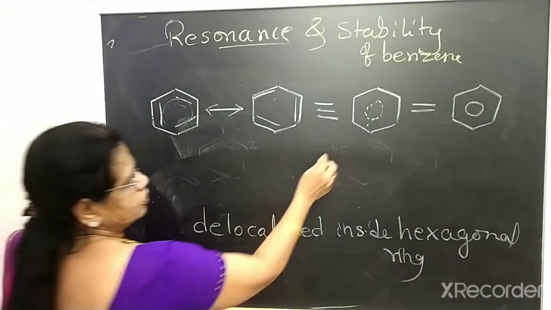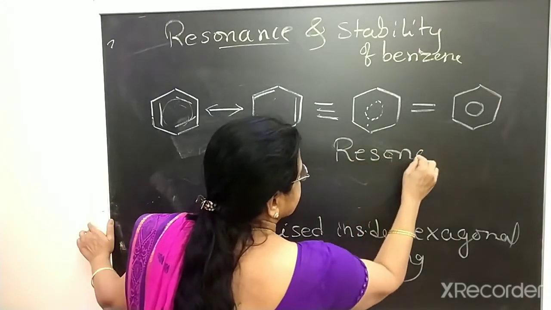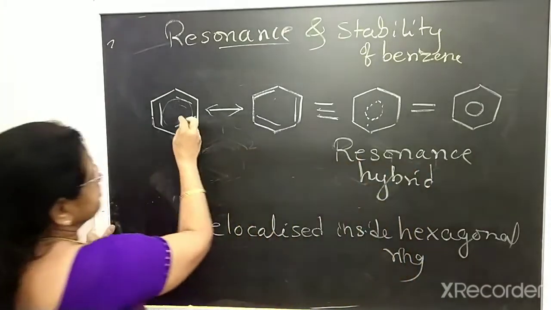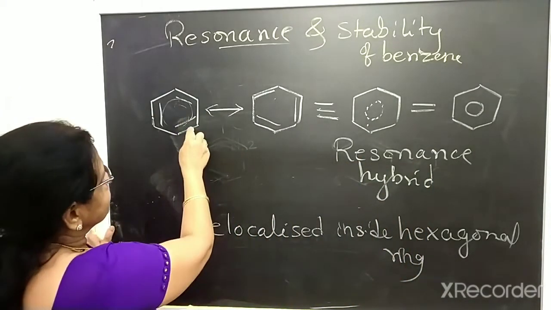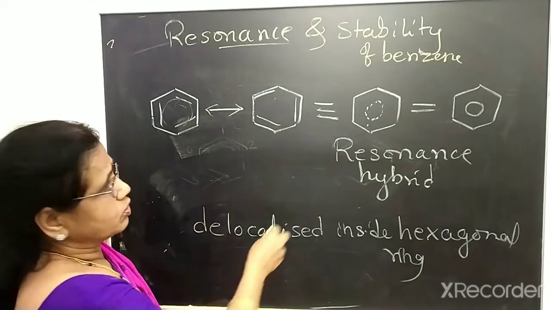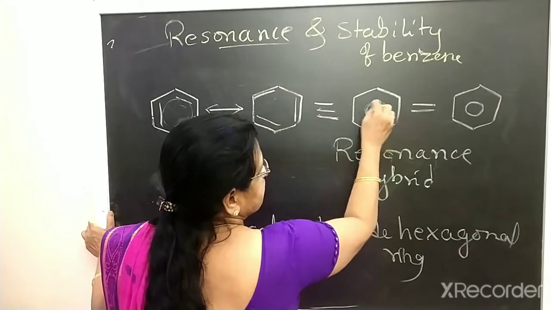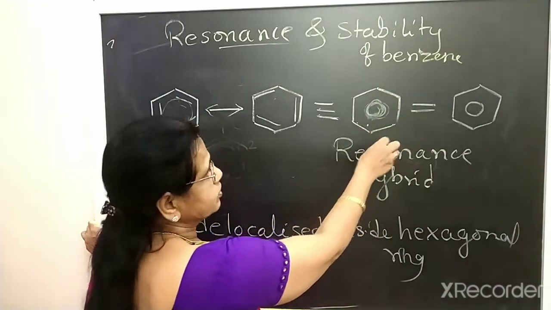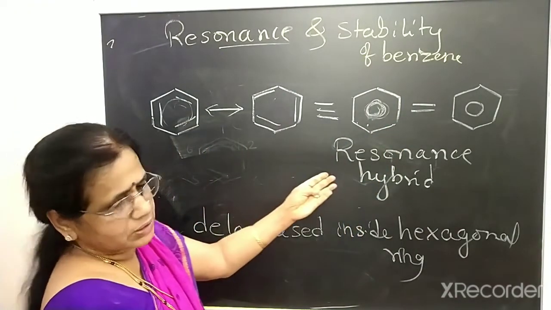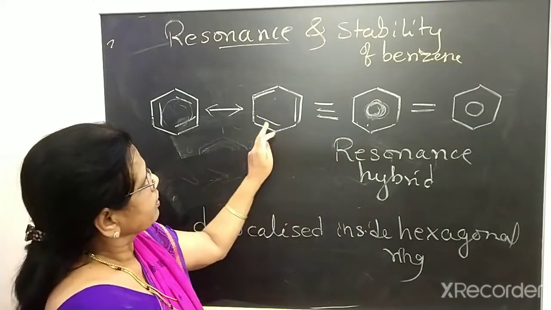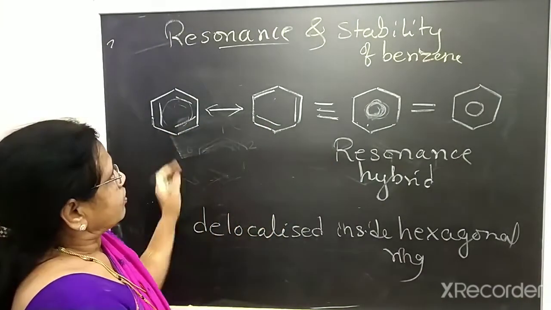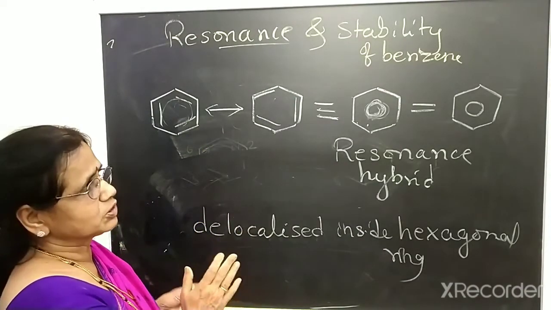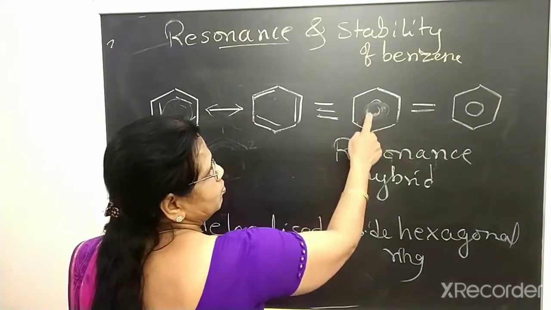So this is the resonance hybrid, in which the 3 pairs of pi electrons, 6 electrons, are moving, oscillating here, and they belong to all the carbon atoms. Benzene is represented as the resonance hybrid of these two structures. This explains the stability of the benzene, because the electrons are moving here.